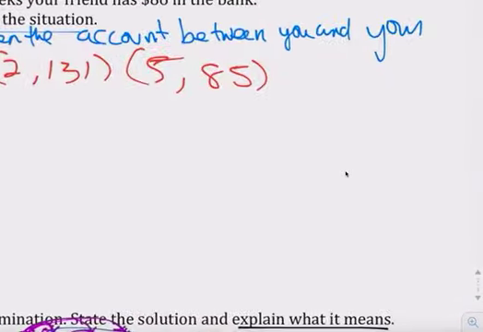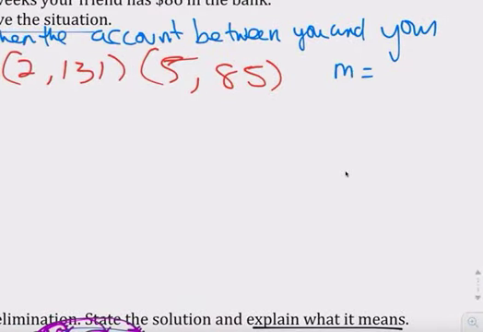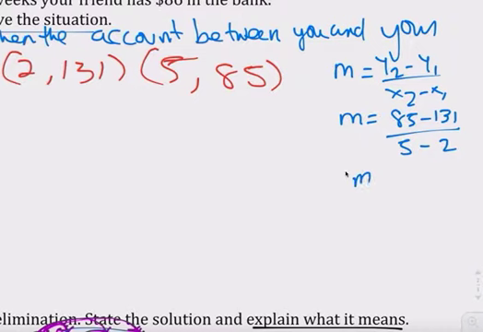Find the rate of change here. y2 minus y1 over x2 minus x1. m is 85 minus 131 over 5 minus 2. Use your calculator. That'll be a negative 51, I believe.